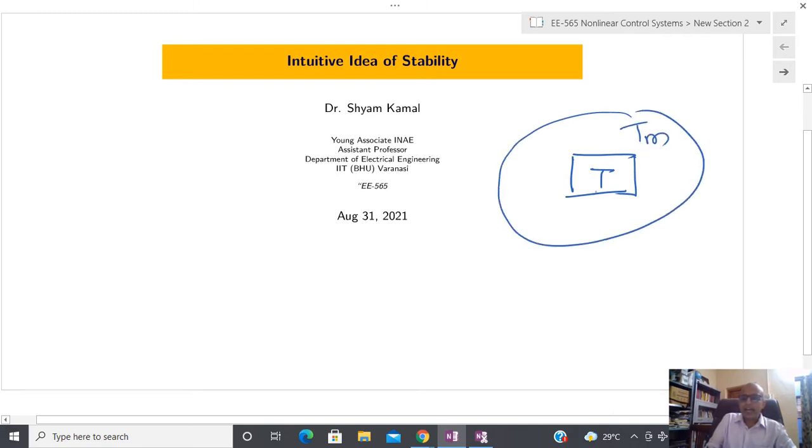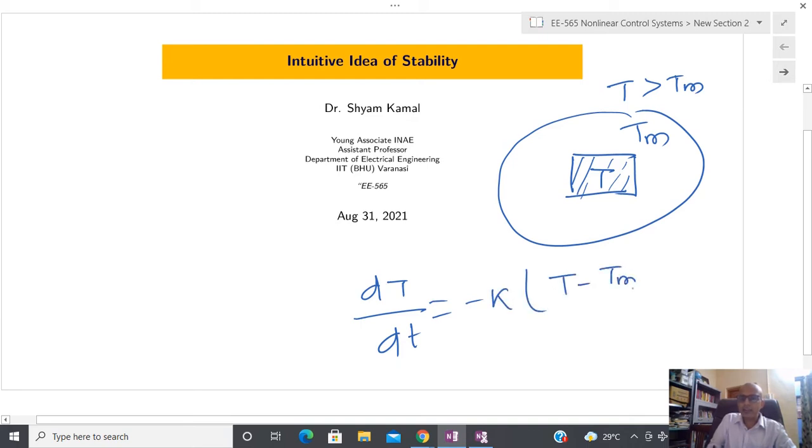We tried to understand how the temperature of this particular object changes. I am assuming that the temperature T of this object is greater than the surrounding temperature, and using Newton's law of cooling, I wrote this mathematical equation with some constant K and T minus Tm.